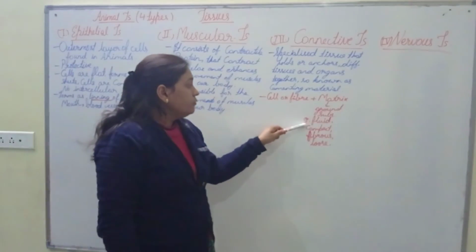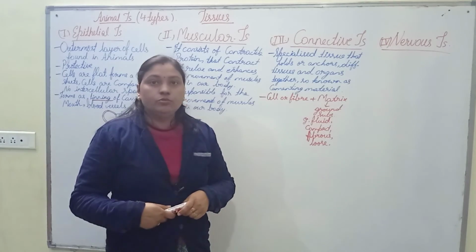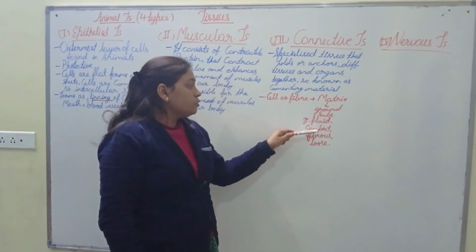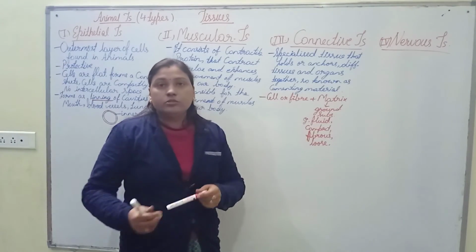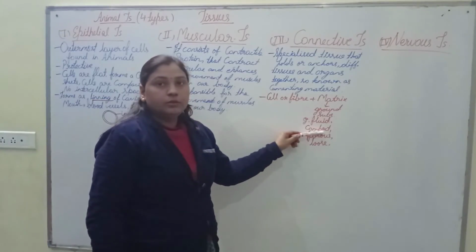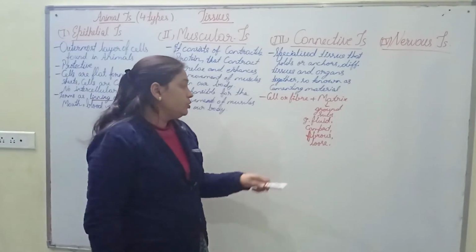If the matrix is fluid type, it would be fluid connective tissue, and their example is blood and lymph. If the matrix is compact or tight, then it would be compact connective tissue, and their examples are bone and cartilage.